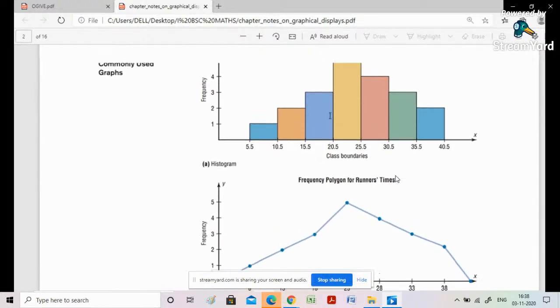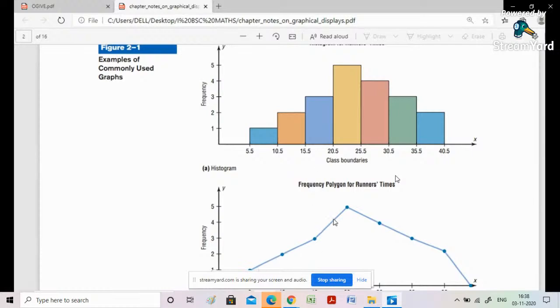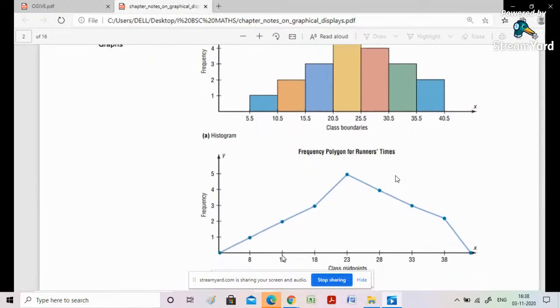So this is the frequency polygon. By plotting a smooth curve through the middle points of the classes, the middle point of 5.5 and 10.5 is 8, and the middle point of 10.5 to 15.5 is 13.